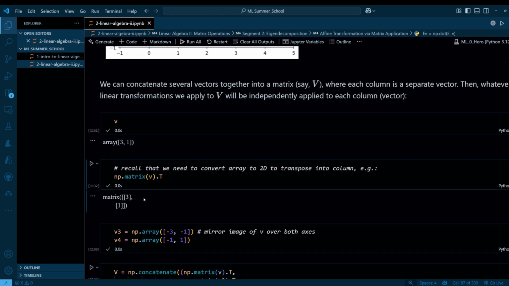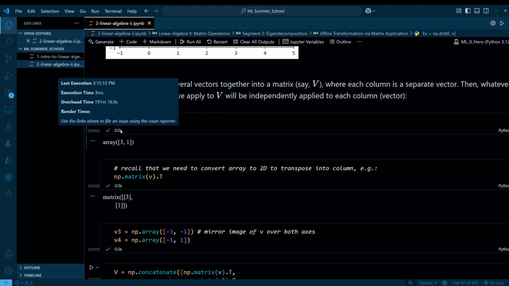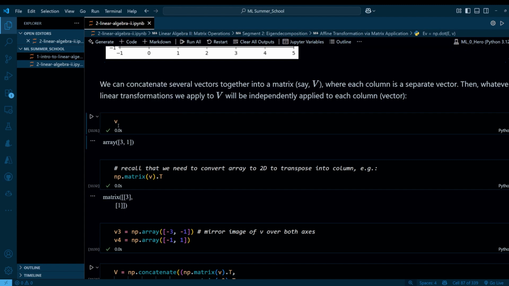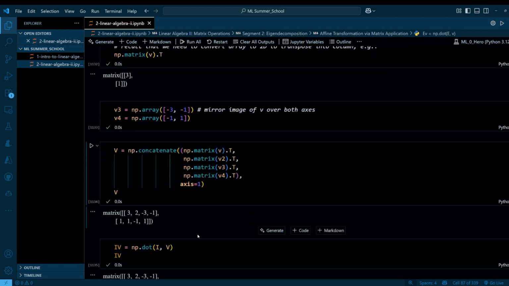Okay, again, now talking about v, we also know by now our v is basically the 3 1 vector. If we use the transpose of it, obviously the 3 1 is in the row format, and now it will be 3 1 in the column format. Okay, we can do that, but there is a change.